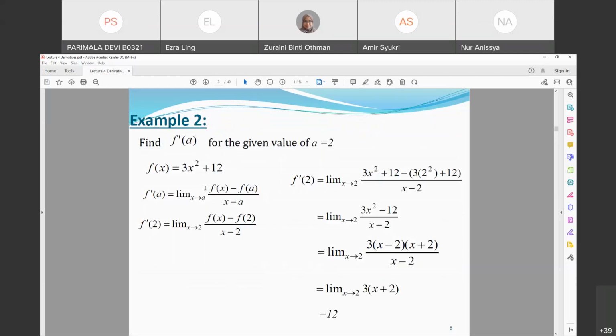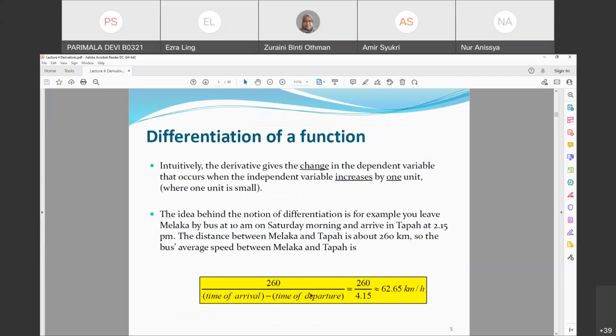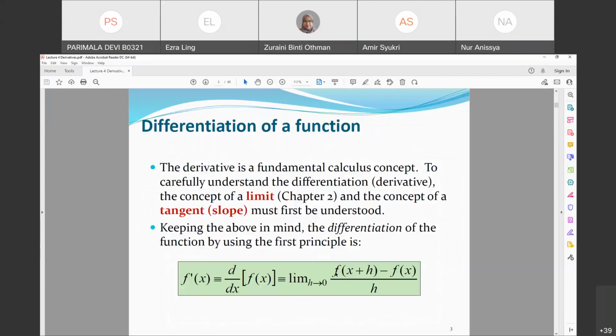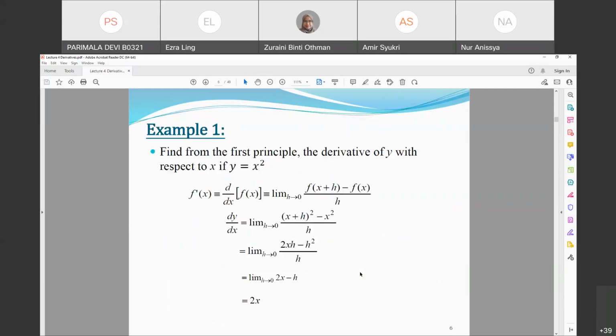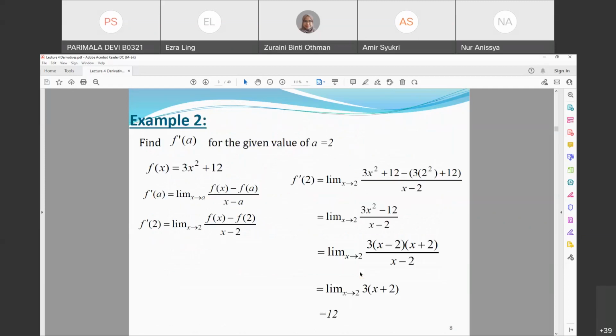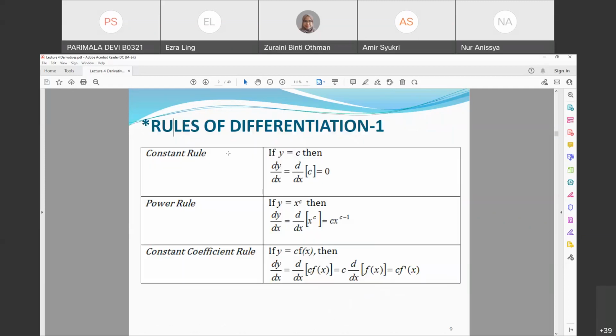So that is why they use this kind of formula, the formula just now, because we only have the graph. But in this calculus, we assume that we get this kind of equation, and from this equation, it's important for you to know how to find the derivative also.